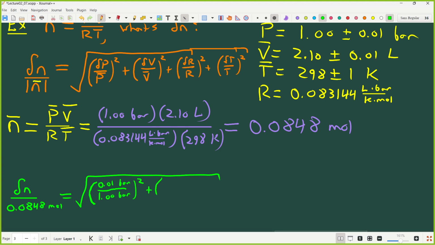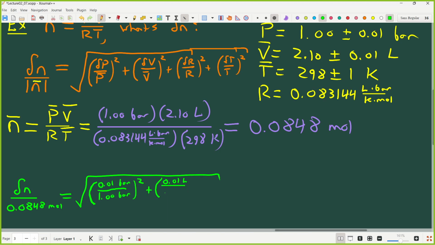Now we do it for the volume, 0.01 liters. That's the error in our volume, divided by 2.10 liters. That's our volume squared. And then we have this term delta R over R. Now R is a constant. It's defined exactly, so there is no delta R. This term is 0, because R is a constant.